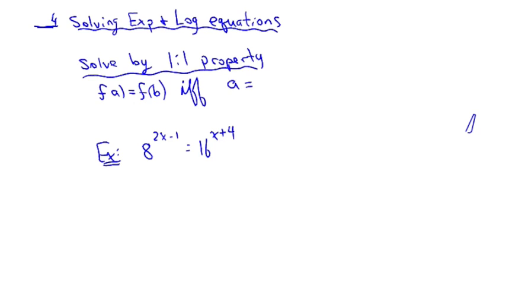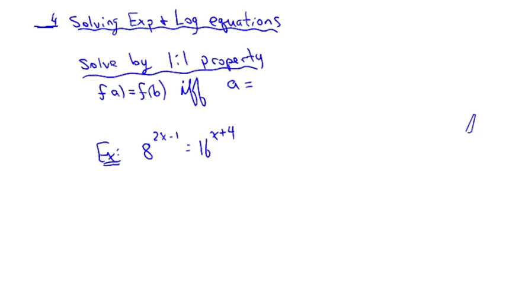I need the bases to be exactly the same. So what base can I make both of those? I can't make both of them 16, because that means I'd have to multiply 8 by 2, and that's not really a base. Bases are like 8 times 8 would be 64, or 16 times 16, 256. So what number can I create that both of them have in common?